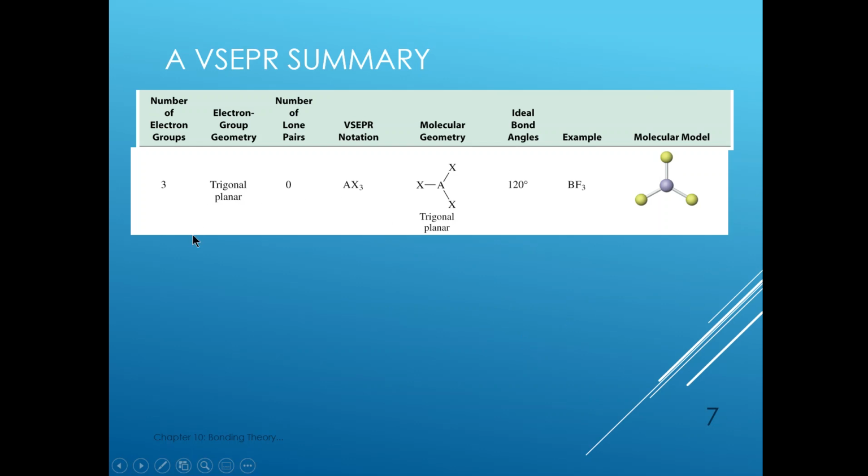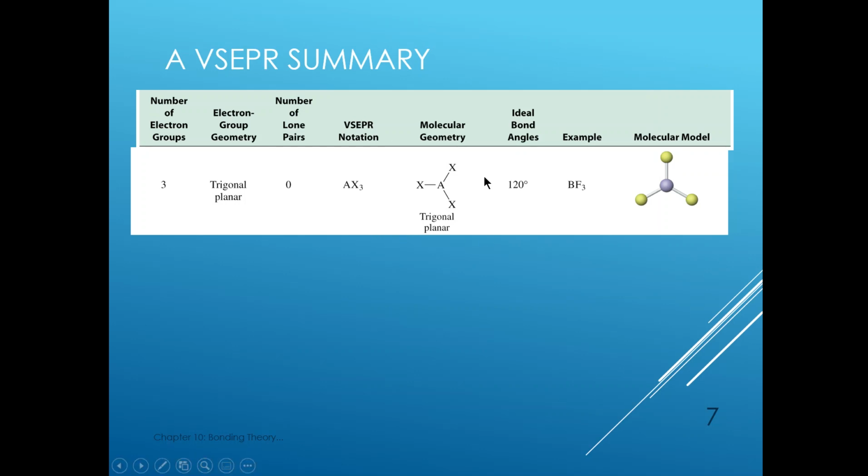So the next example we're going to look at is where we have 3 electron groups around the central atom. As we said before, the geometry adopted by those electron groups will be trigonal planar. There are 0 lone pairs of electrons, and of course the VSEPR notation would be AX3, and this would be the molecular geometry adopted by the molecule. And let me just say something which I should have said in the previous slide.